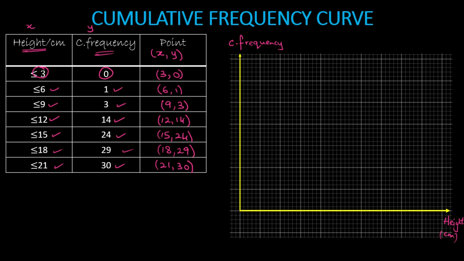Right? Now we are in a situation in which we can easily plot the points to be able to obtain the CF curve. So we choose a scale for both axes. On the horizontal axis, I will choose 2 centimeters to represent 5.